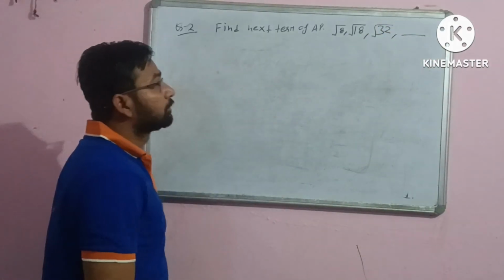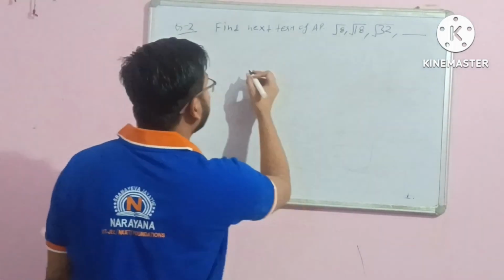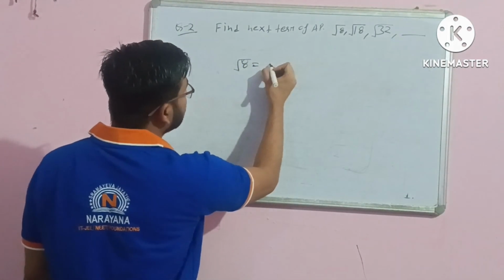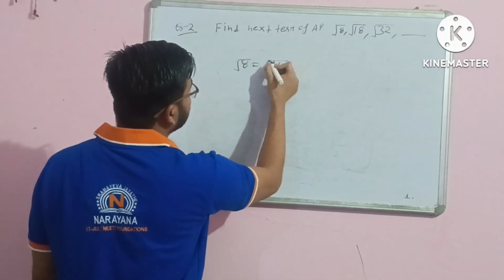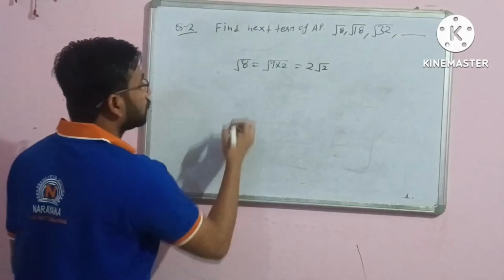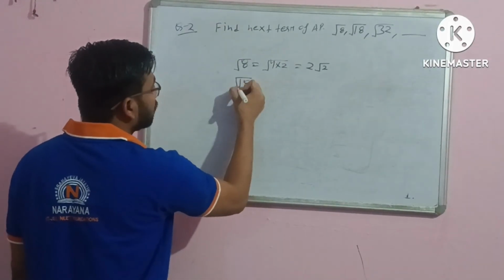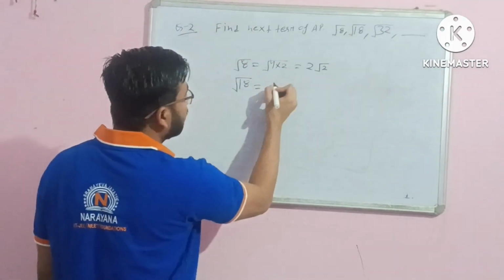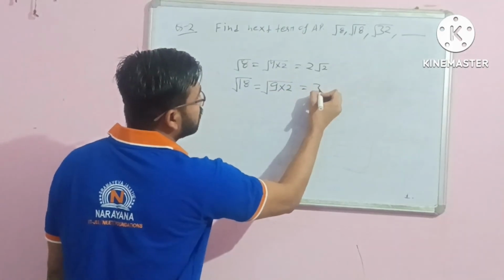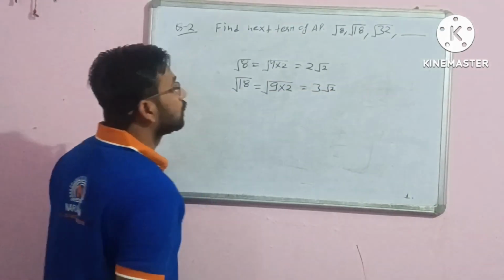We know that root 8 equals root of 4 into 2, so this equals 2 root 2. And what about root 18? Root 18 can be written as root of 9 into 2, so this equals 3 root 2.